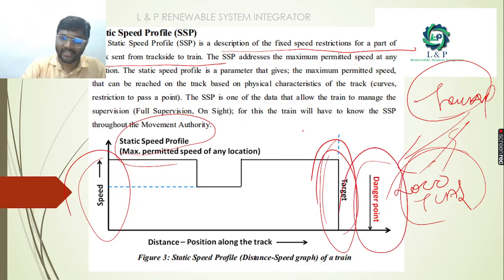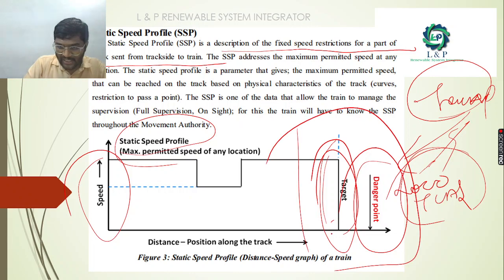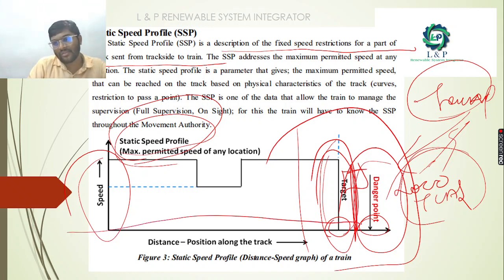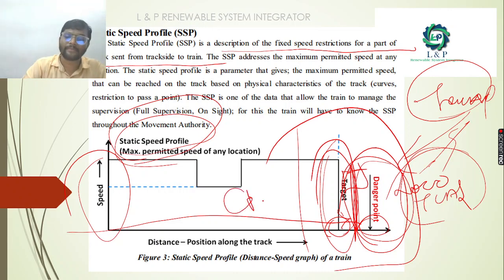Consider this is a station where the train has to stop. Here we have another train and a signal over here. Based on the static speed profile, if the train is coming at a high speed, it will cross the target and may hit the danger point. Immediately we need to send a signal back to the loco to control its speed.